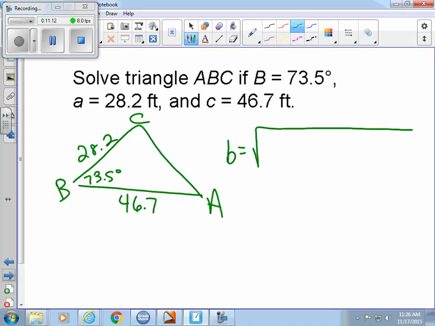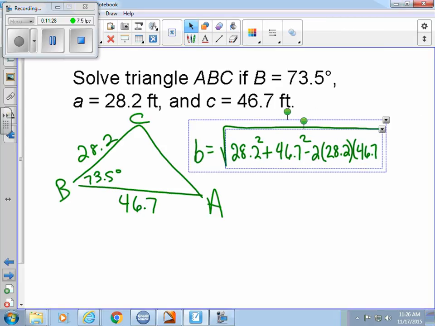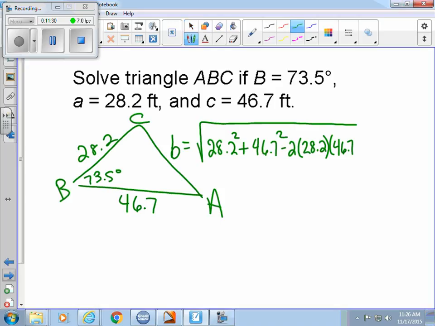Okay, square root in there. 28.2 squared plus 46.7 squared minus 2 times 28.2 times 46.7 times cosine 70.5. All of that in your calculator, and it will give you side B. Let's see. 47.2.